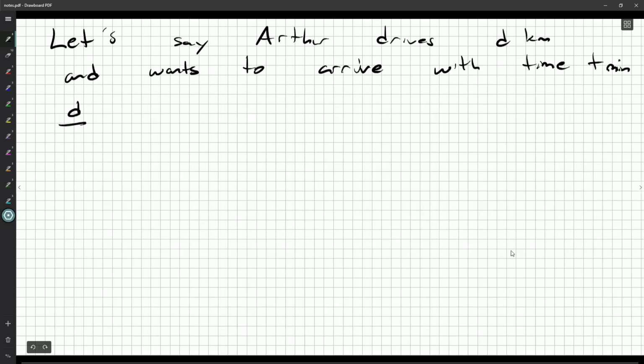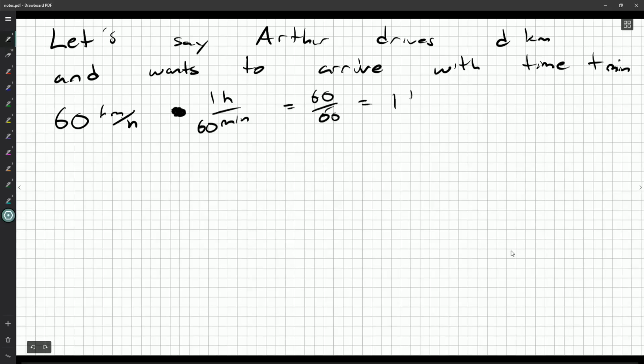So then d over 60, which is the time it's going to take, so d over 60 kilometers per hour. 60 kilometers per hour, times 1 hour per 60 minutes, so we get 60 over 60, or 1 kilometer per hour is 1 kilometer per minute.